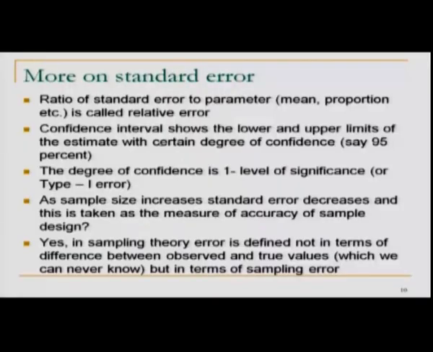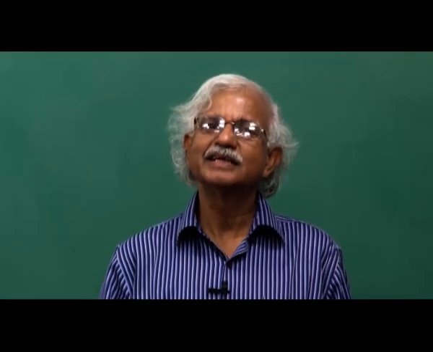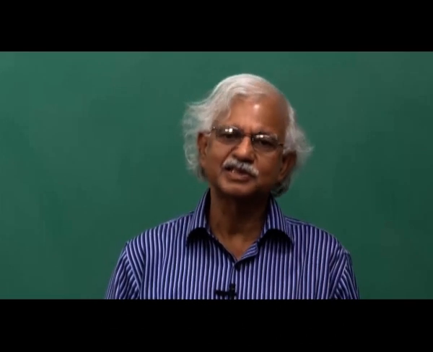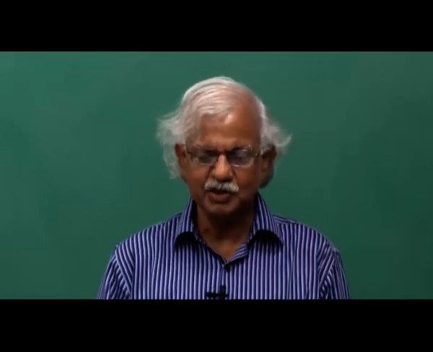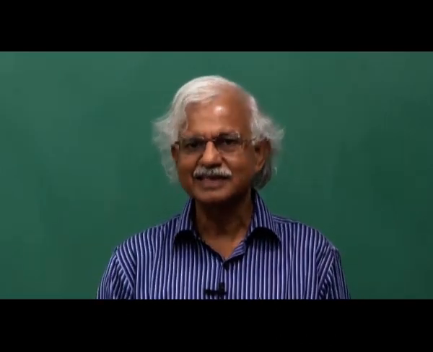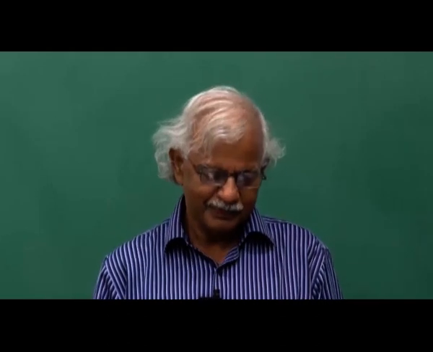One advantage of calculating standard error is that you can specify lower and upper limits of the estimate with a certain degree of confidence. You can not only say that the average income of the population is estimated to be this, you can also say that I am 95% sure or 90% sure or 99% sure that it will not be less than this or more than that.